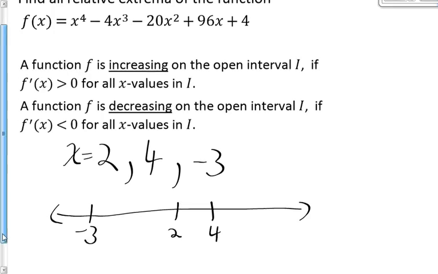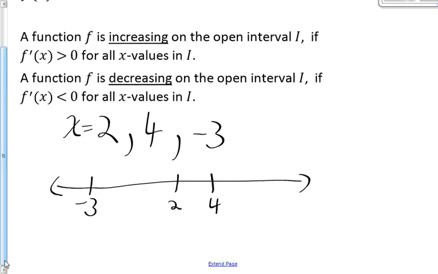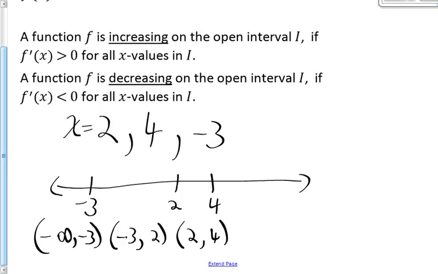I have 4 different intervals. I have the interval from negative infinity to negative 3, to the left of negative 3. The interval between negative 3 and positive 2. The interval between 2 and 4. And also the interval between 4 and positive infinity.